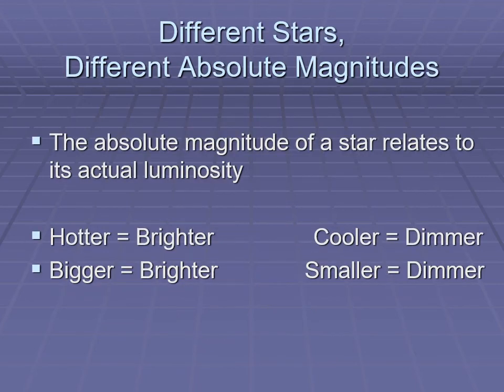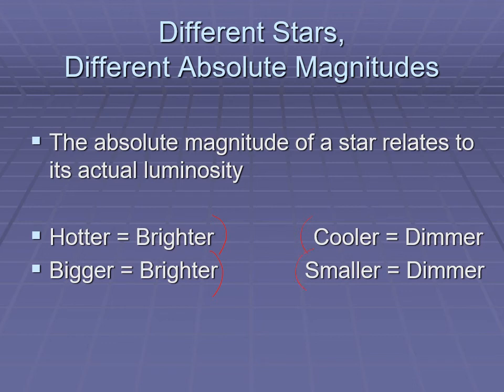Okay, so different stars have different absolute magnitudes. Okay. Why? Well, if they're hotter, they're going to be brighter. Stefan-Boltzmann Law. If they're bigger, the bigger area means brighter. Stefan-Boltzmann Law. Okay. And so if they're cooler, they're going to be dimmer.